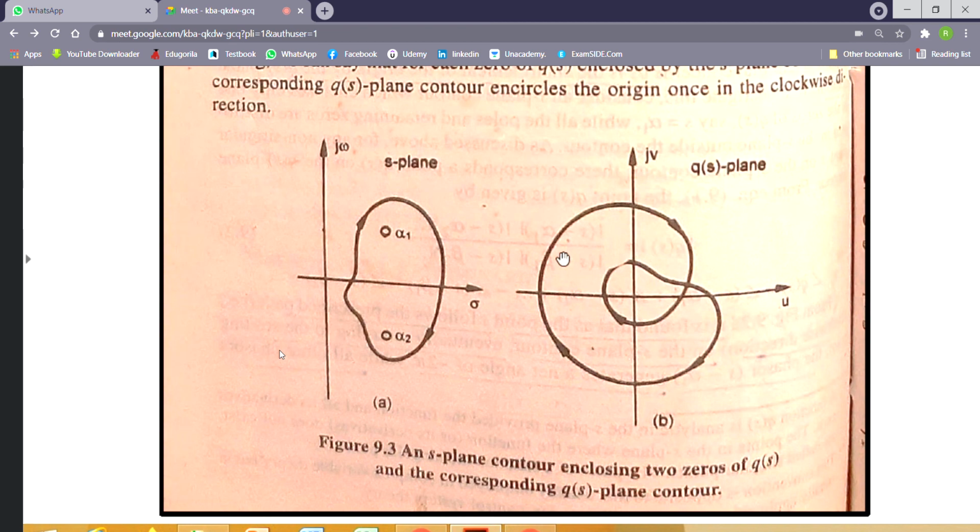That means the corresponding QS plane contour will encircle the origin of the QS plane twice, in the clockwise direction, just like this. Follow this cursor. So the number of encirclements of the origin of the QS plane by the QS plane contour will be two, and the direction will be clockwise. So this is one encirclement and this is the second encirclement, right?